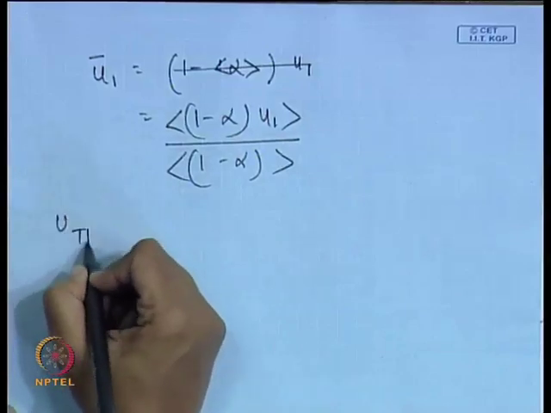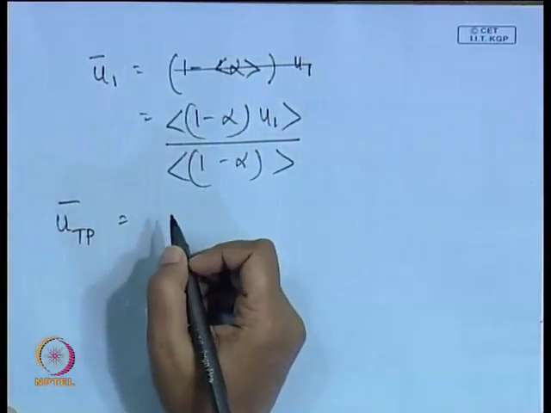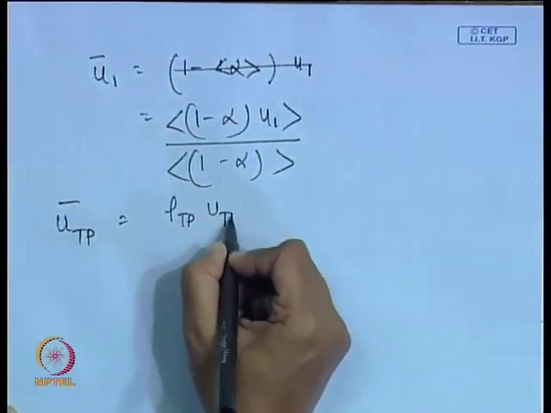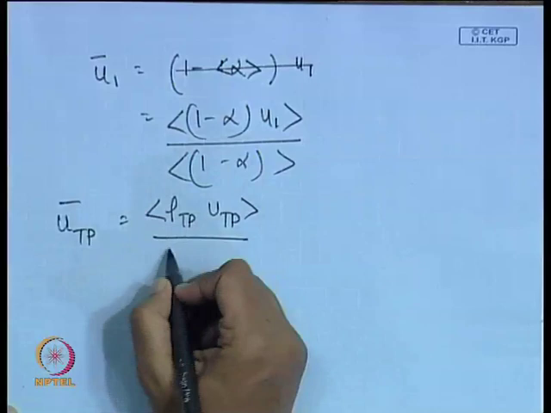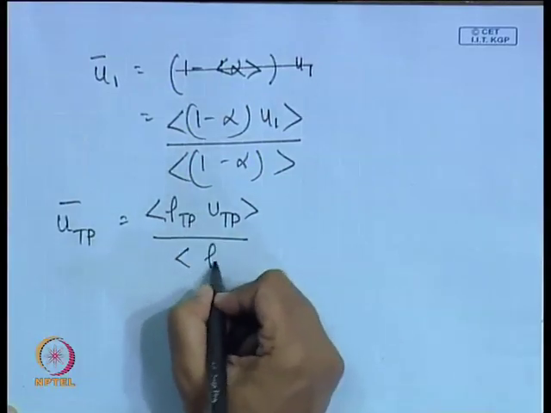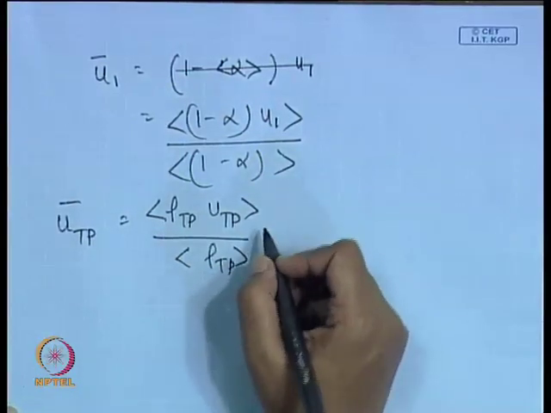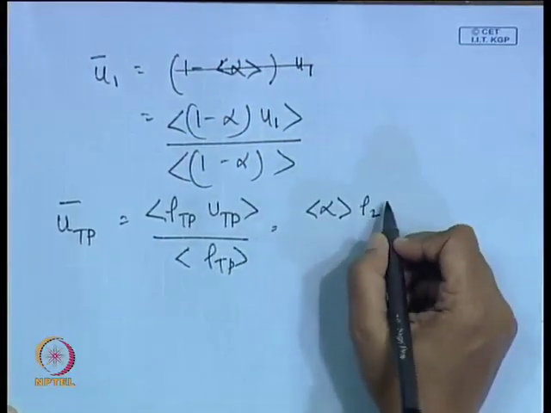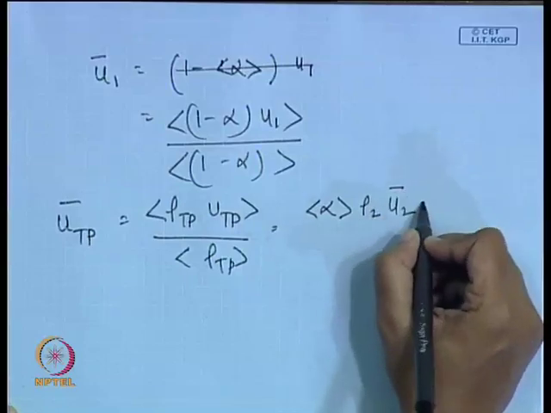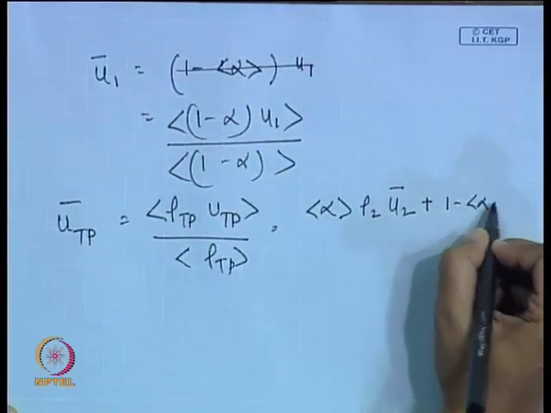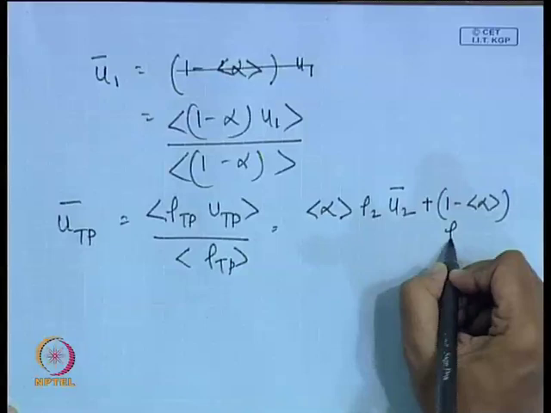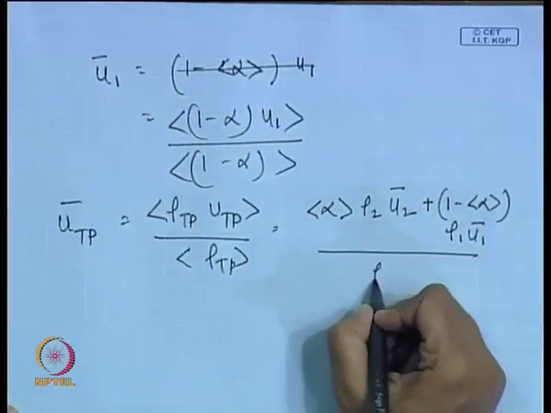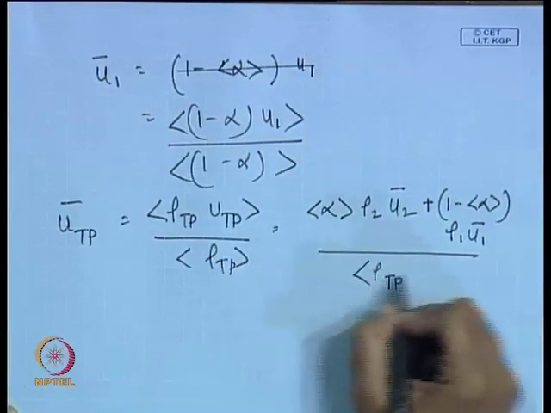Similarly, suppose we would like to define UTP, the two phase mixture velocity. It is nothing but rho Tp UTP divided by rho Tp. Okay. So, therefore, this is given as alpha rho 2, again rho 2 is taken as constant, u2 bar plus 1 minus alpha rho 1 u1 bar, divided by rho Tp.